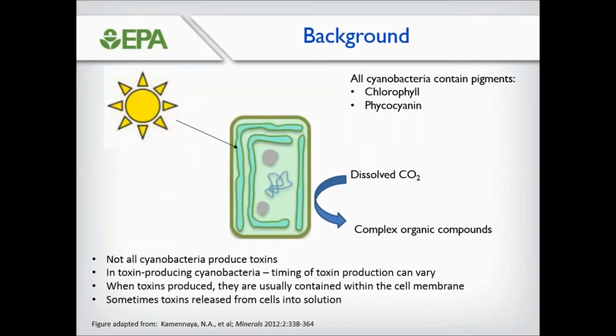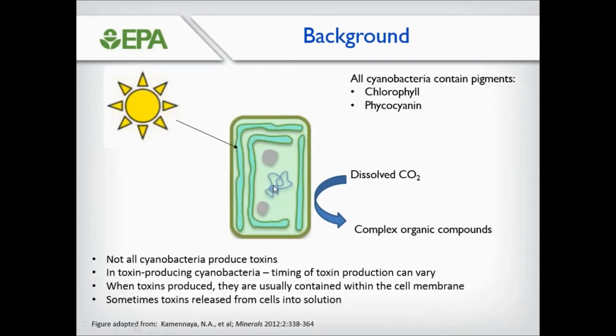cyanobacteria. We're going to start with this picture of the cyanobacterial cell. On a really fundamental level, cyanobacteria are microorganisms which take energy from the sun and use that energy to fix carbon dioxide that's dissolved in the water, and they use that carbon dioxide to synthesize a range of complex organic compounds.